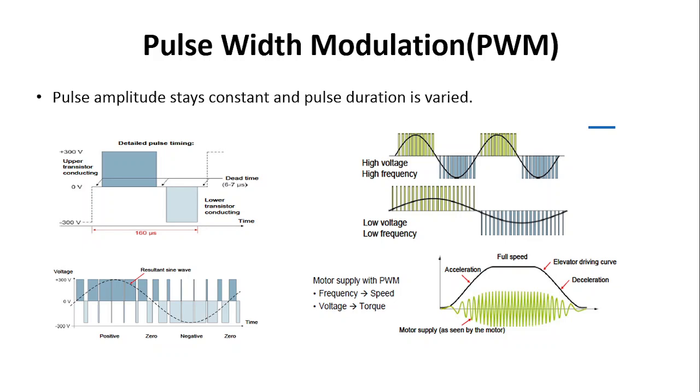In order to change the speed of the motor, we are actually changing the time period, that is, the frequency. And when we want to change the torque, we change the voltage of the AC motor drive. Thank you.